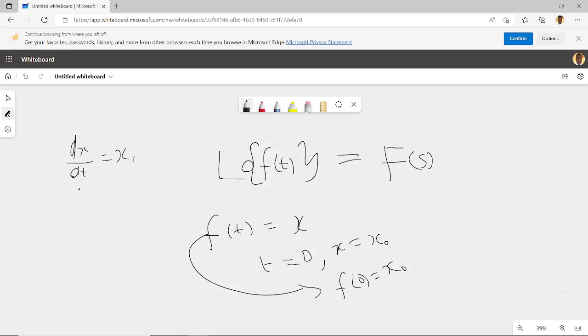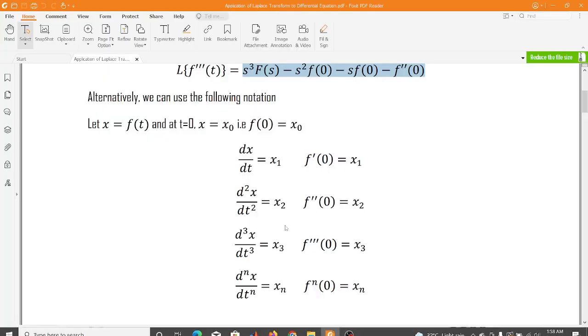This is the same thing as saying x dot equals x1. So if you are doing the second differential of this, that will be d squared x over dt squared. This is x2, and this is the same thing as saying your x double dot is x2. So that is just what you have here.